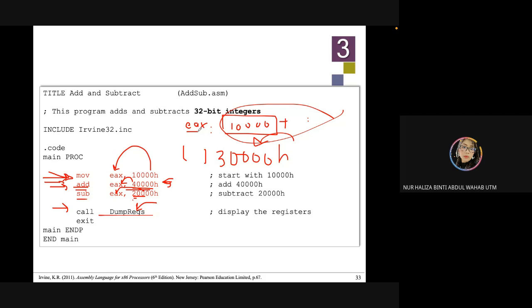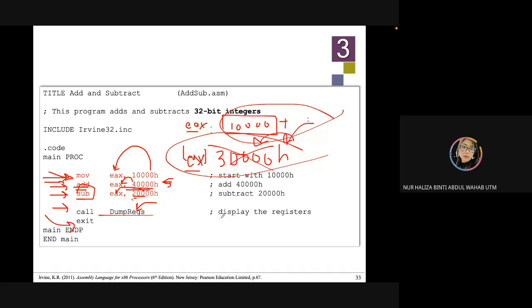And then after that, you akan tolak pula, which is you sub with your 20000. Last you mesti akan dapat you punya EAX equal to 30000. Tapi bila you execute ni and then you exit terus, bila you exit, it's not going to display. Dia simpan saja, means that it's going to store only.